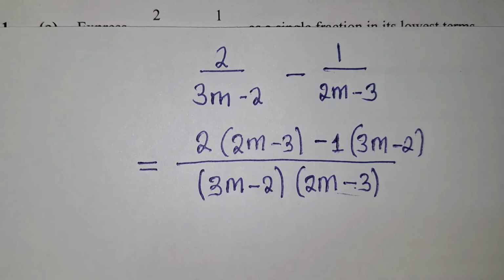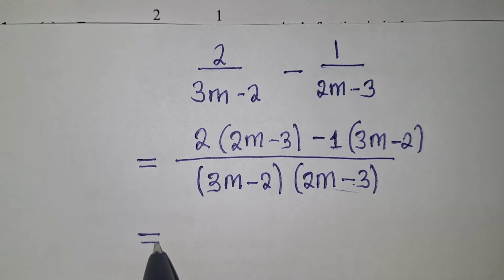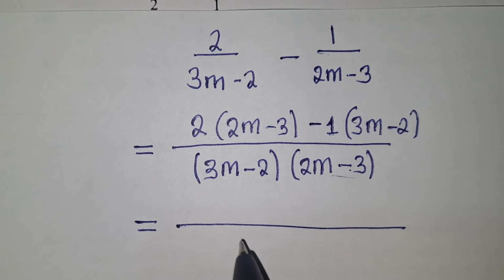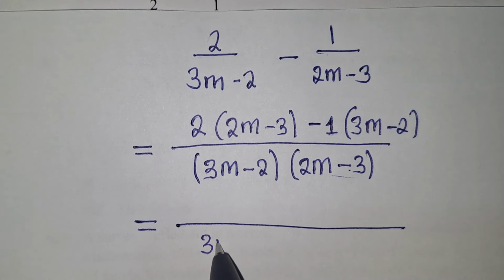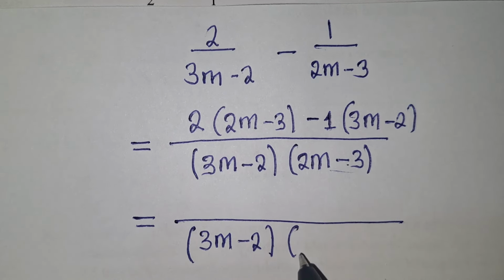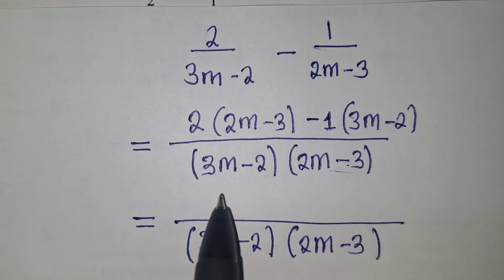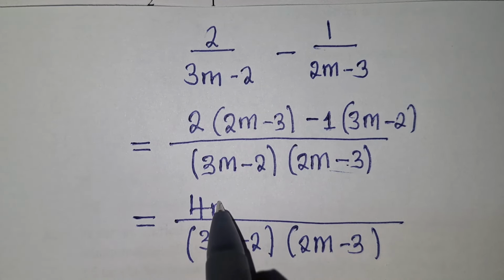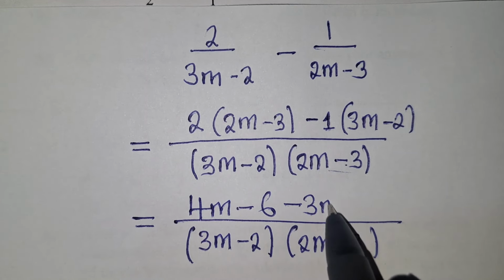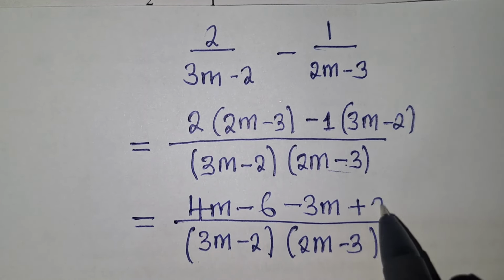Okay. And then from here, say equal to, the bar must be there, so of 3m minus 2, this is our denominator, just like this. So we simplify on top, we're getting 4m minus 6 minus 3m plus 2.